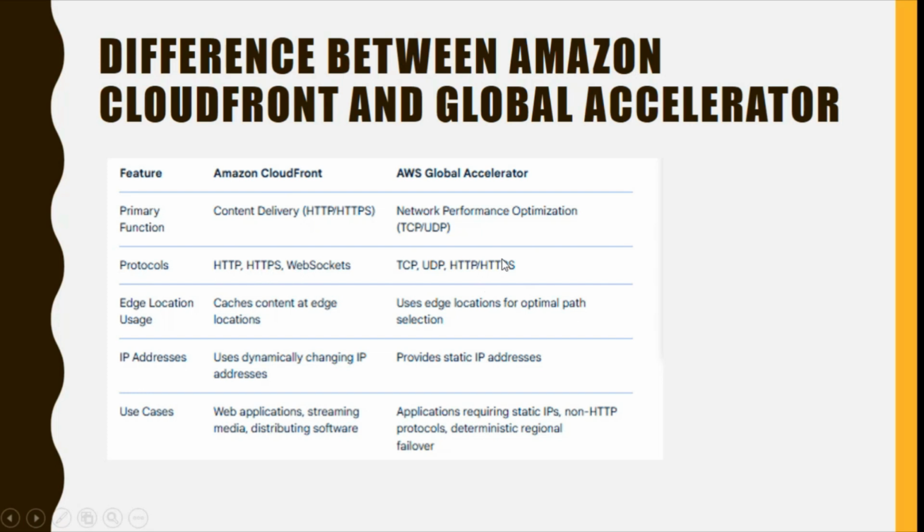Global Accelerator supports HTTP, HTTPS along with TCP and UDP as well. CloudFront caches your data at the edge location, which means it stores your data. Global Accelerator doesn't store, it just provides the optimal path. CloudFront uses dynamic IP addresses, but Global Accelerator provides you static IP addresses. And the use cases could be different.